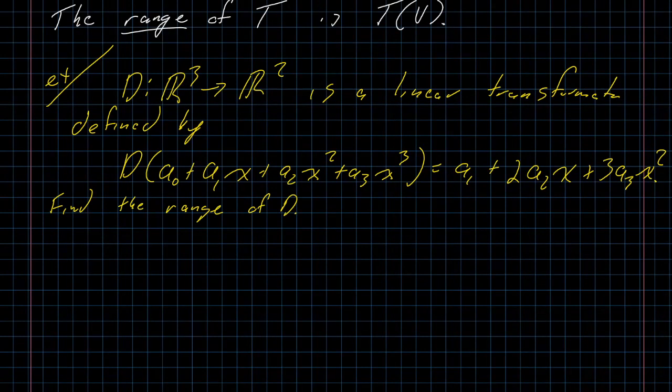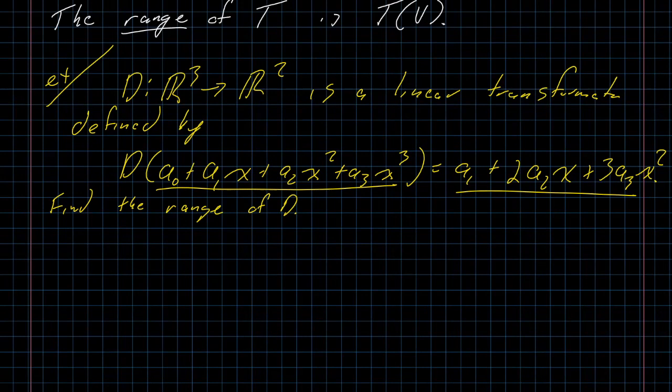And it's a little bit disappointing, to be perfectly honest, playing around with this transformation and finding the range because there's not a lot to do. We know that if we take an arbitrary element of the domain R3, we're going to get an element that looks like this.